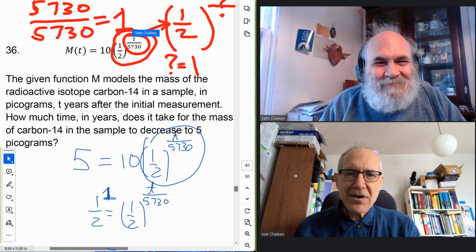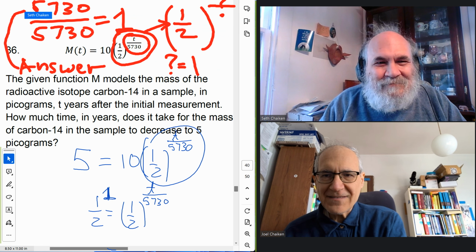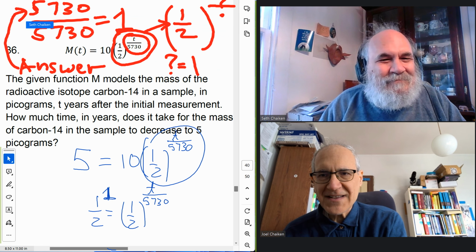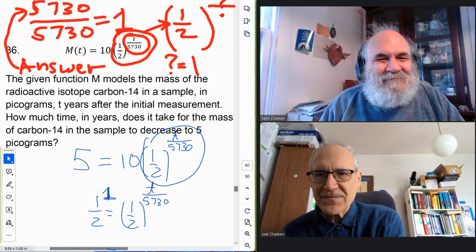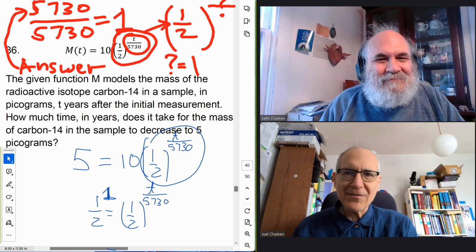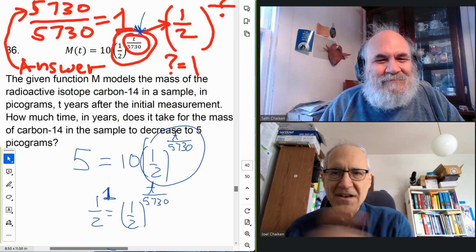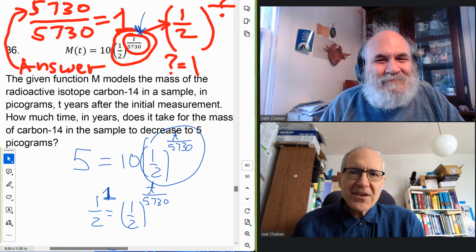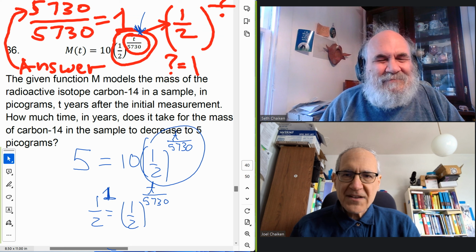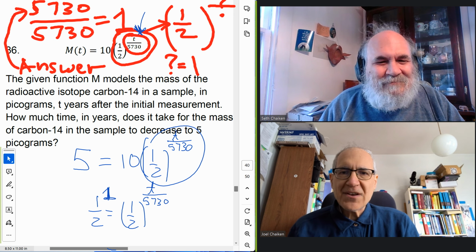And talk about patterns, if you just understood what half-life was and what this means, you could immediately say that if it goes from 10 to 5, it goes half of that. So of course it's one set of 5730 years.